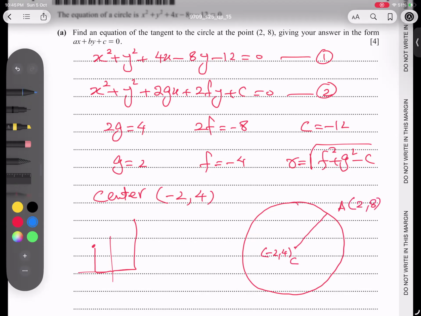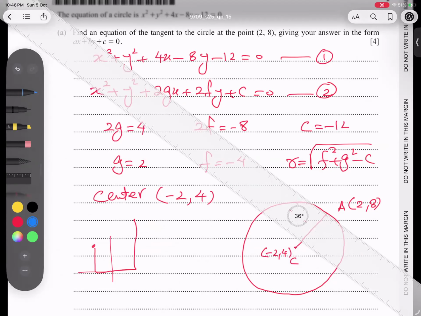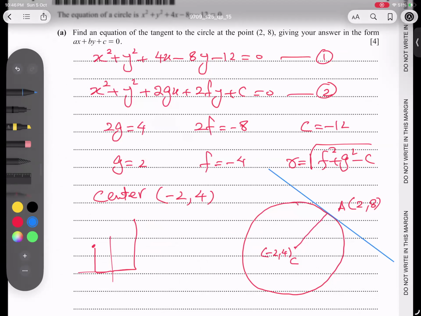And for your knowledge, this is the tangent when I draw it, and the angle it makes is 100% 90 degrees. So from here till here, 90 degrees.